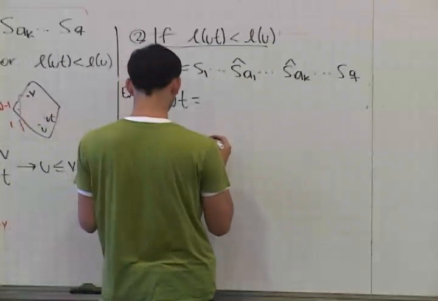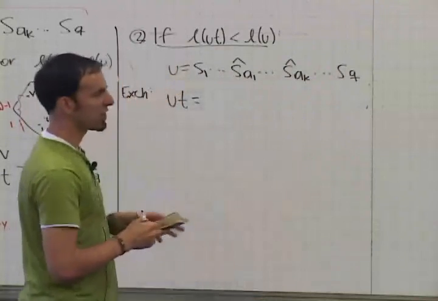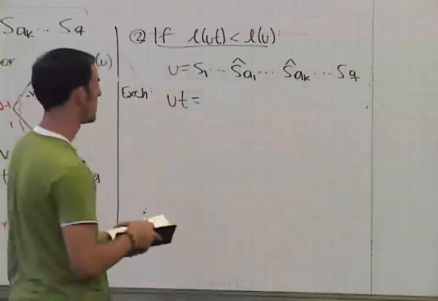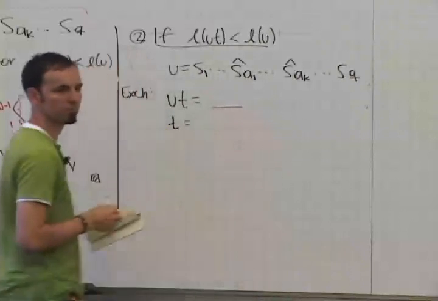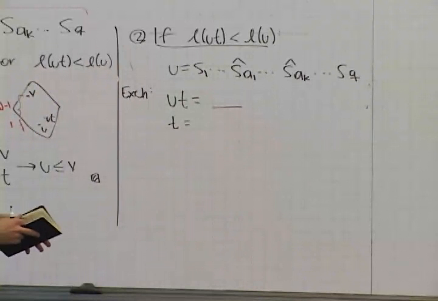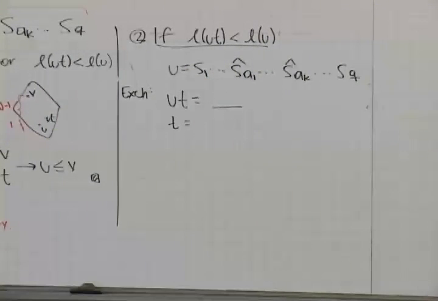But actually, I don't care about that. I care more about the other part. UT is something, but what I care about is what T is. The second part of the exchange property tells me that T can be obtained by starting at the end of the word, going down up to some point, and returning to the end of the word.